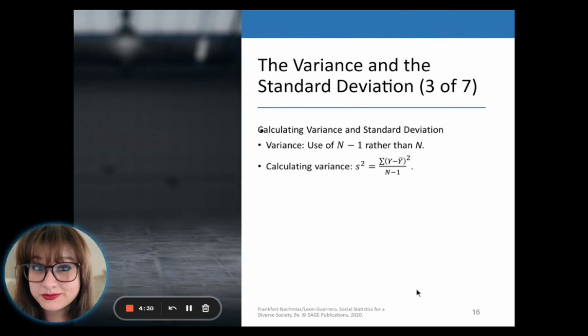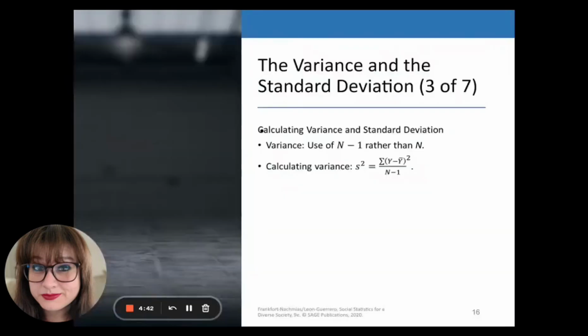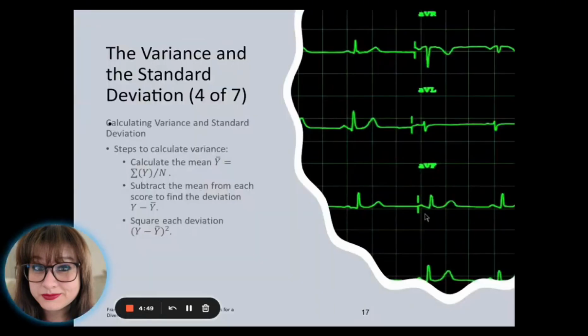Now we're going to start thinking about this in terms of the numbers that we have. This is just an overview. This is the formula you're going to want to look at and hold on to. Here are the actual steps.